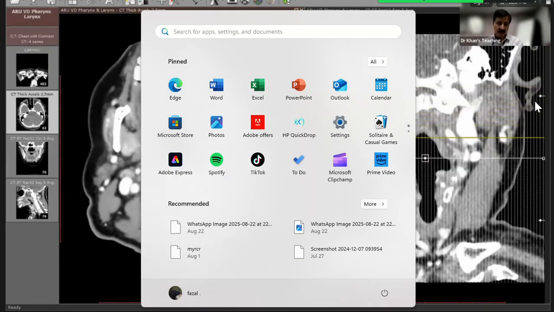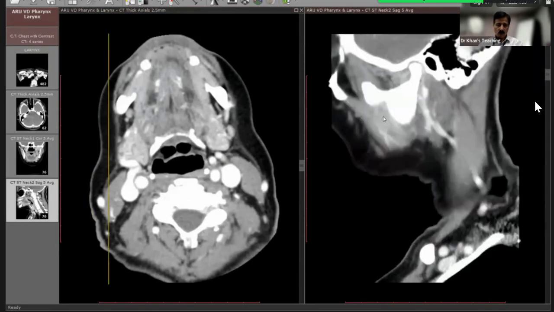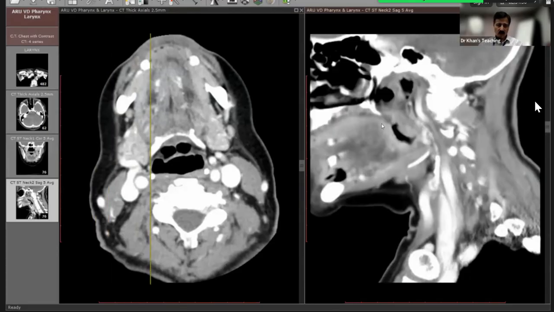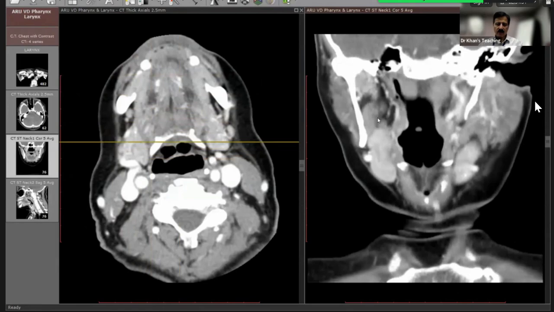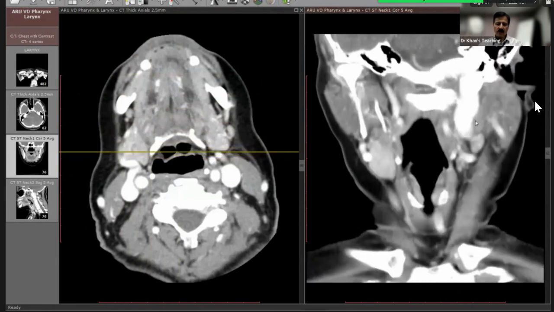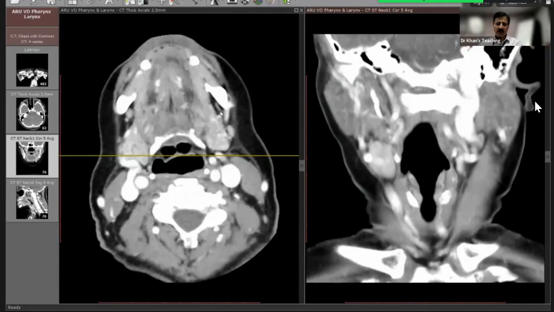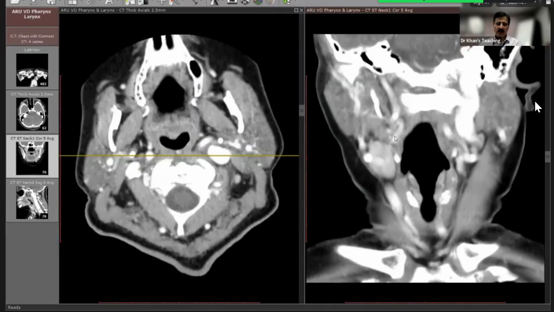So this is parapharyngeal space. You can also see it on a coronal, but I'll show you an MR for that. The orientation of this coronal is slightly tilted, so it's not very well seen.